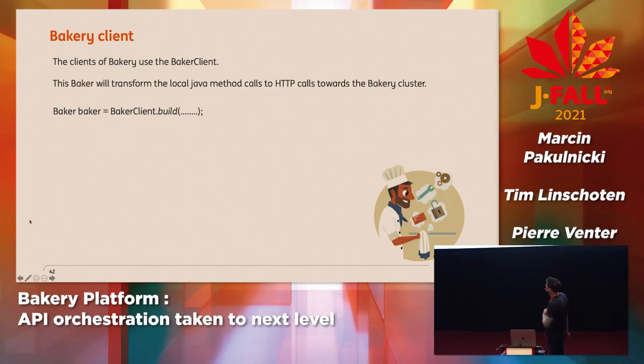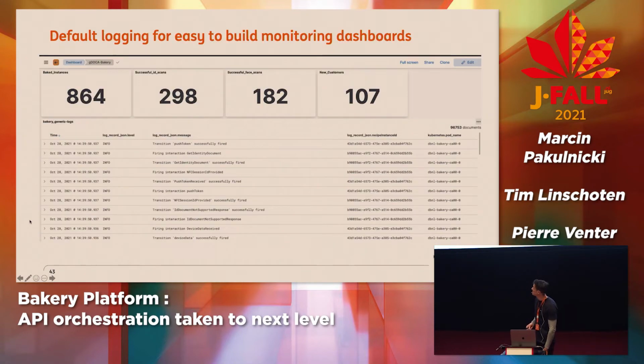And this is the client. This is the only thing that I need now. So if I want to run Bakery myself, I still have a Baker, but it is just way simpler now. Instead of defining the interaction and all of these things, I just do this one-liner, and that's all I need.